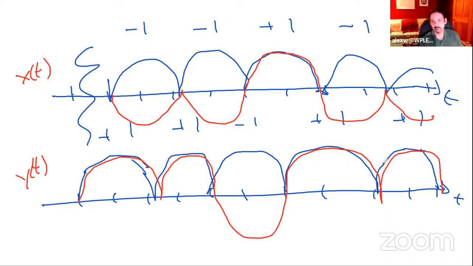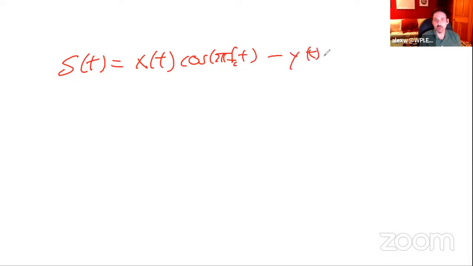That took a while. Now, one more step. Remember, S of t is equal to this, which is going to be important. This is almost going to be like AM modulation, but it's going to be pretty awesome.